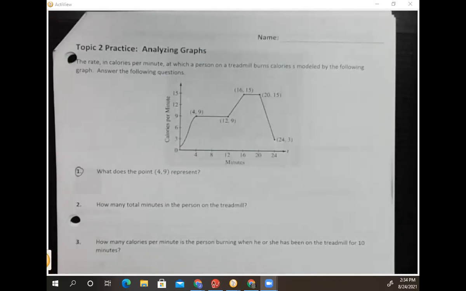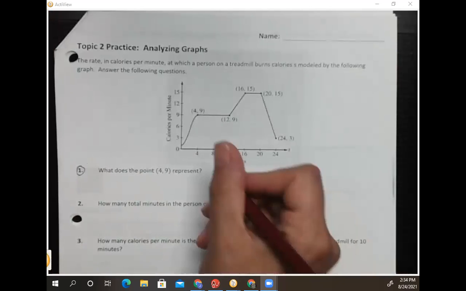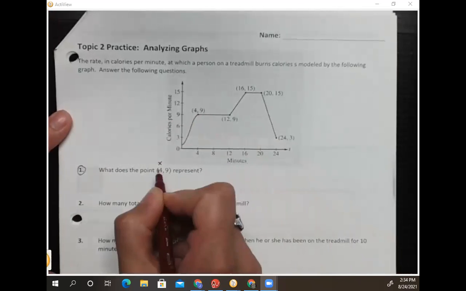So on page 13, I want to start by talking about number 1. Number 1 says, what does the point 4, 9 represent? So if I want to know what this point means, essentially what we're doing here is assigning the labels to the X and the Y, right? So I know 4 is the X, so I want to make sure I put the X label on there.